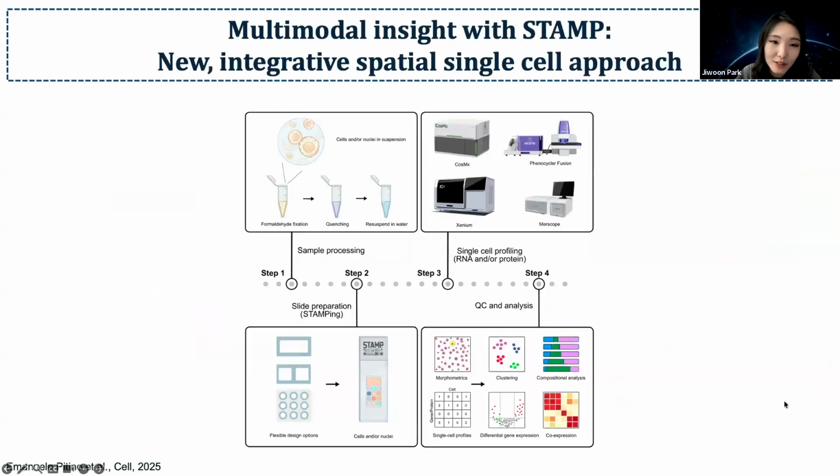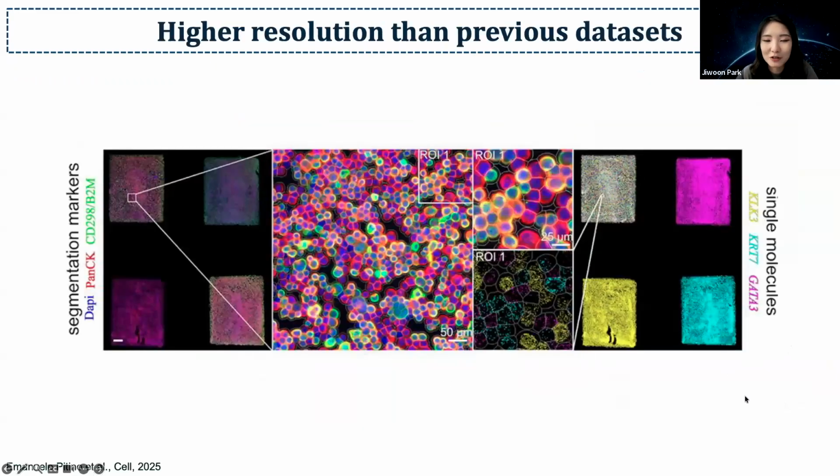And lastly, as we gain different methods that can increase throughput, we are also actively adapting the STAMP to transfer ourselves from thinking single cell to thinking spatial single cell, as we do have a higher resolution than simply running single cell.